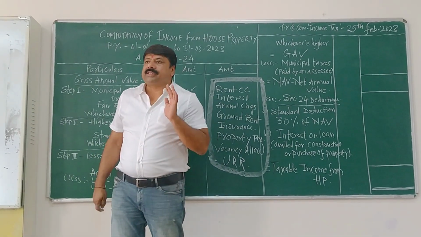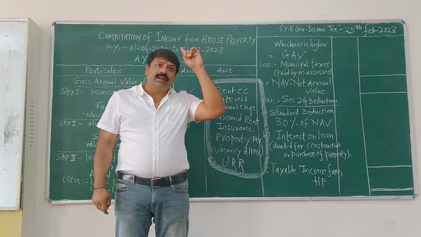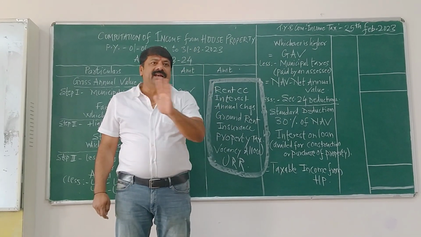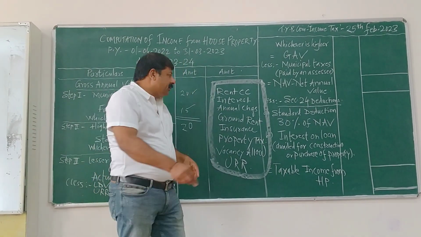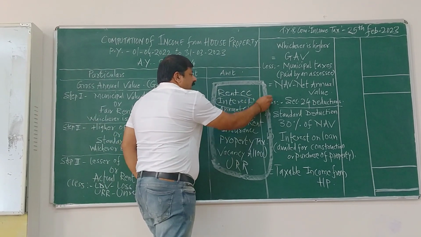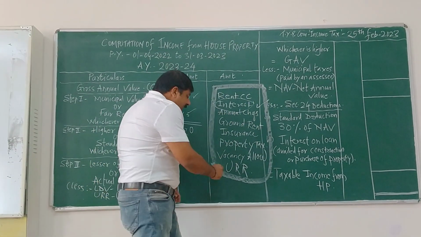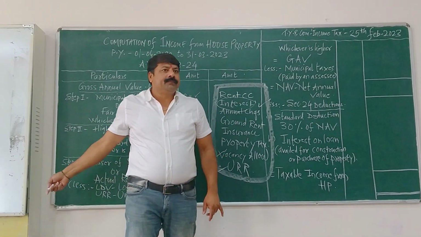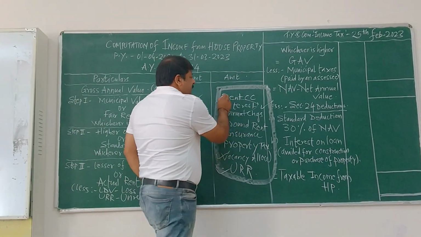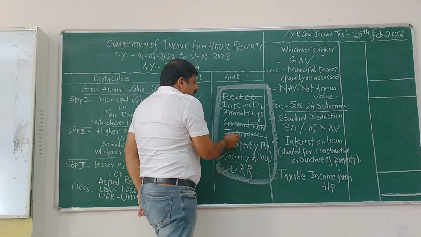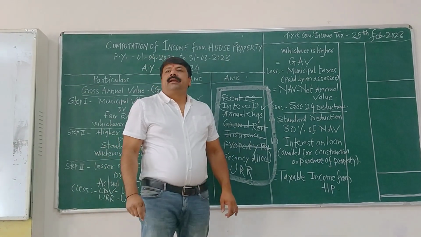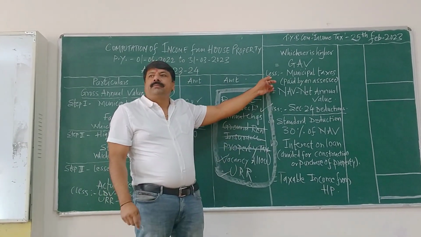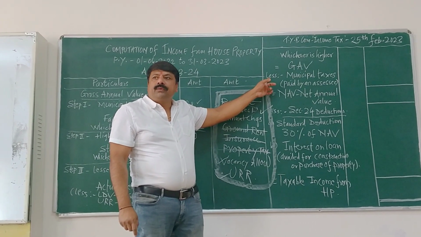These were the deductions in old section 24. Now it is deleted. Now only interest is deductible, and vacancy as well as unrealized rent is considered in step number 3. Otherwise there are no rent collection charges, no ground rent, nothing. Municipal taxes are deductible separately from gross annual value.